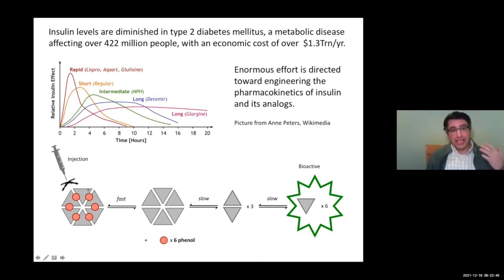And so by understanding how phenol is released from the hexamer, we can potentially learn something about how we might make other molecules that would further stabilize the shelf life of a therapeutic formulation. Okay, so that's the motivation.